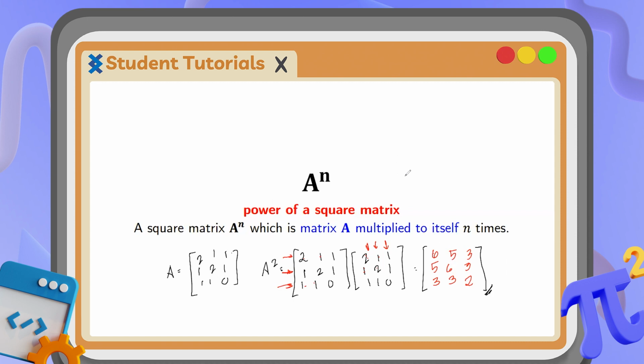You can play around with other matrices as long as they are square matrices, because if A is, let's say, m by n, and you multiply that to another m by n matrix, these are not equal, so therefore you cannot make a product matrix out of it to begin with. So that is for square matrices, which can go to A raised to 2, A raised to 3, and so on and so forth.